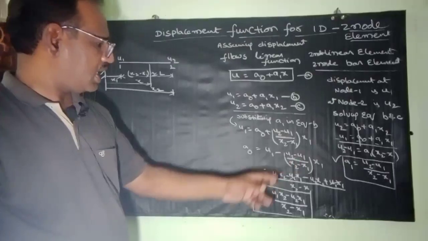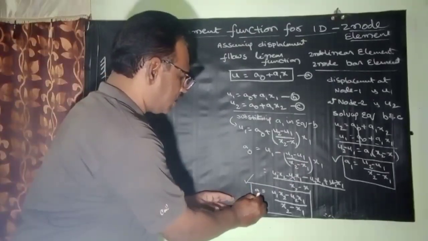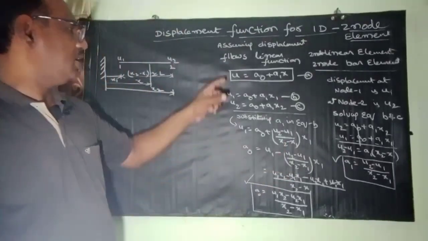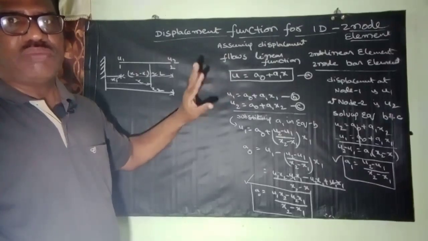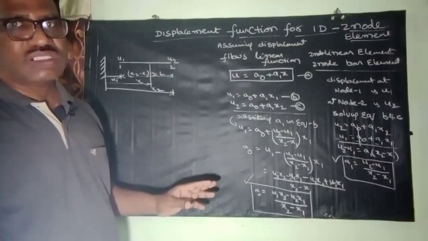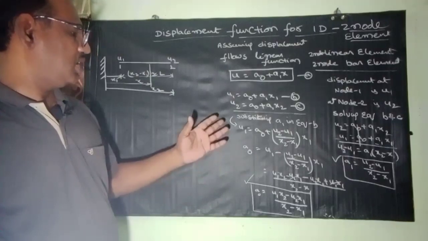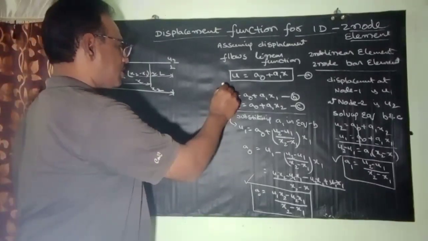By substituting a0 and a1 in the basic equation A, we can find the displacement function in terms of the nodal displacements u1 and u2.